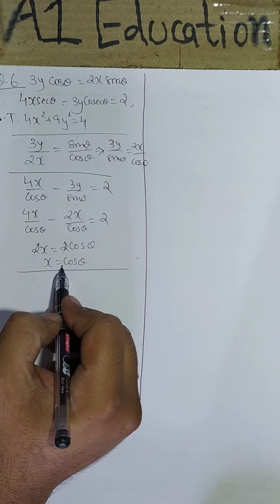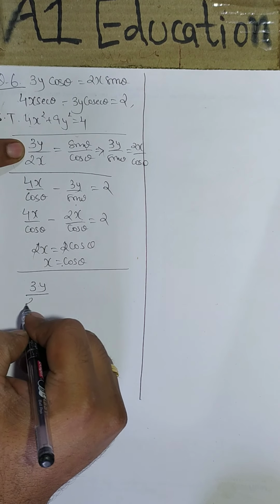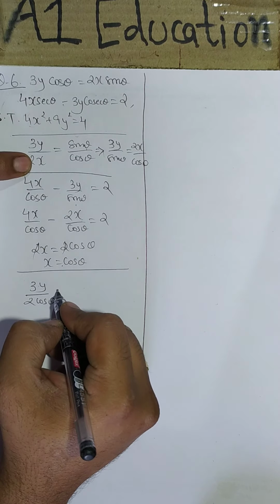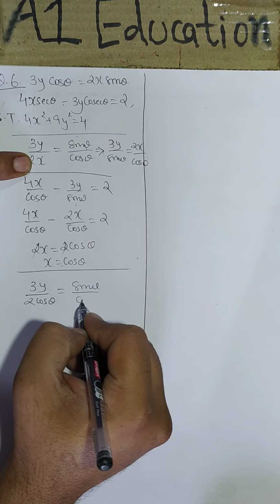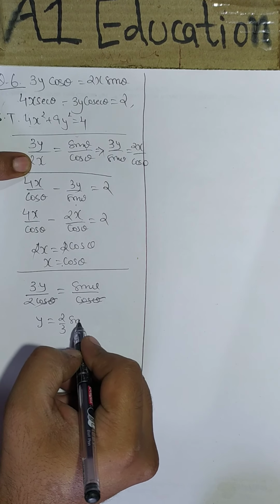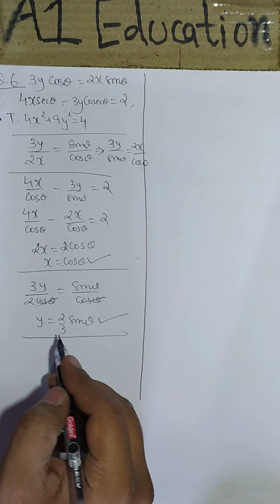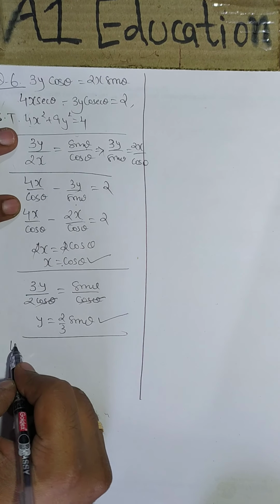Let us use this value in this equation to find out the value of y. So 3y upon 2 cos theta, in place of x I write cos theta, is sin theta upon cos theta. Cos theta gets cancelled, the value of y will be 2 by 3 sin theta. So value of y also we have got, value of x also we have got. Let us try to use them in the left hand side of the equation.